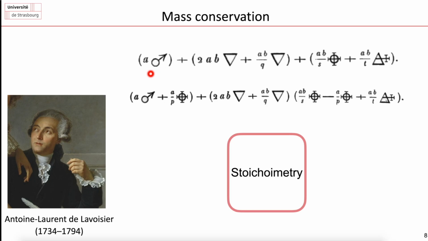So this Mars symbol represents iron, the nabla, the upside down triangle, as I told you before, is water. This crossed circle, this is oxygen, and this triangle with the cross is nitrogen oxide. So he was looking at stoichiometry of reactions, which is basically the ratios in which things can react. But this was a very important contribution, because now things start becoming more and more quantitative.